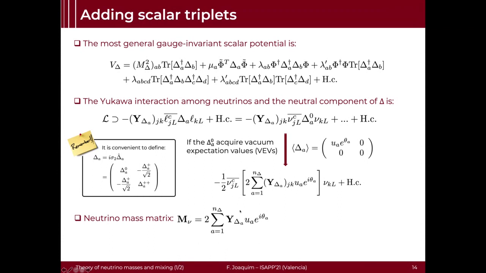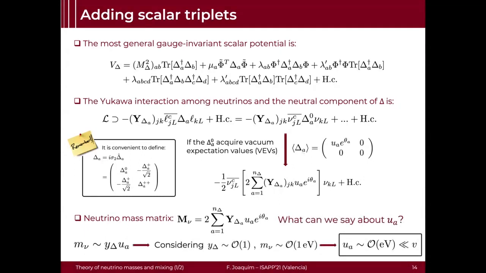So you see in the case where you have n_delta triplets, you have to sum all the contributions which come from the coupling of each delta to the neutrino fields. And the mass scale involved in each of these terms is the vacuum expectation value of the neutral component of the triplet delta_A. Okay, so the question is, what can we say about this vacuum expectation value of the neutral component of delta?